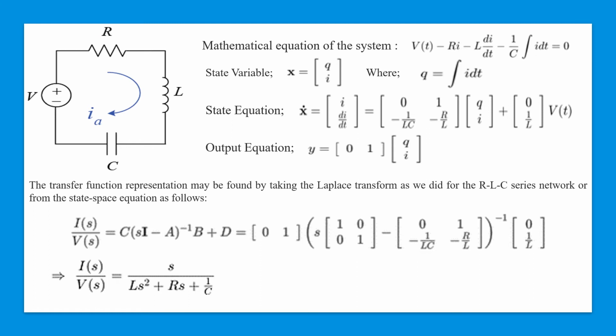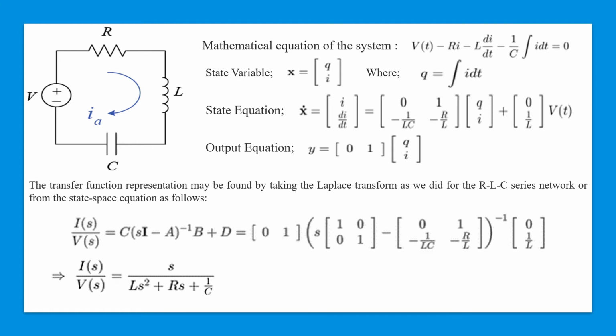For this case, if we write the mathematical equation of this system, we can write V(t) minus Ri minus L di/dt minus 1/C integral of i dt is equal to 0.